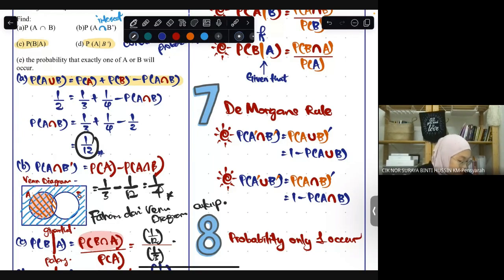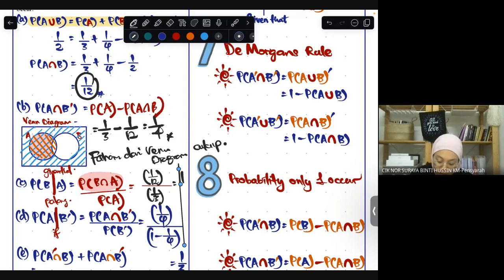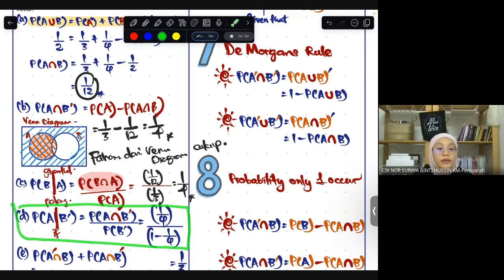Therefore, the answer is 1 over 4 juga. Allah. Yeah, coincidentally they are the same number. Yeah, I want you to try this by yourself and see whether you got the same as mine.